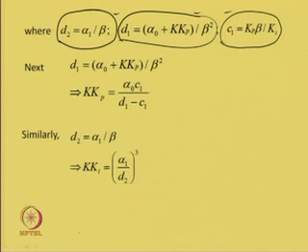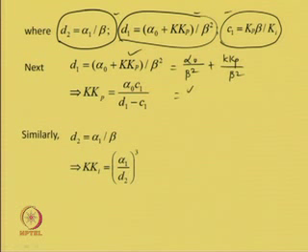Now, using the 3 variables, one can write D1 is equal to alpha0 plus k Kp upon beta square, which is alpha0 upon beta square plus k Kp upon beta square.